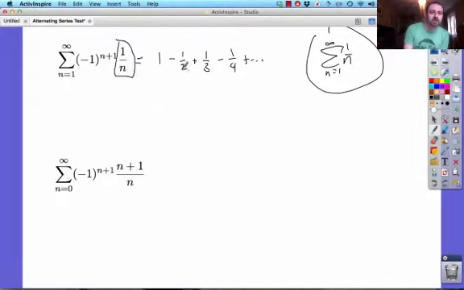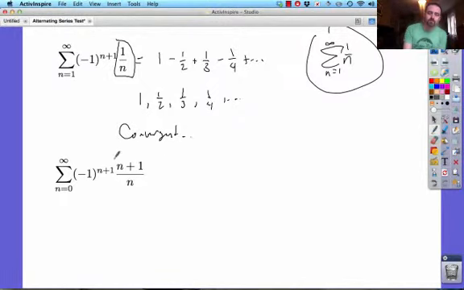This sequence is strictly decreasing. It goes 1, a half, a third, a fourth, okay? And this is approaching 0. So even though the harmonic series is not convergent, the alternating harmonic series is. This is convergent by the alternating series test.